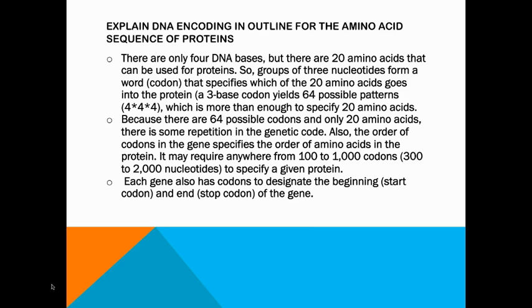Since there are 64 possible codons and only 20 amino acids, there's going to be some repetition. But it may require anywhere from 100 to 1,000 codons to describe a given protein. Each gene also has codons to designate the beginning and end of that gene.